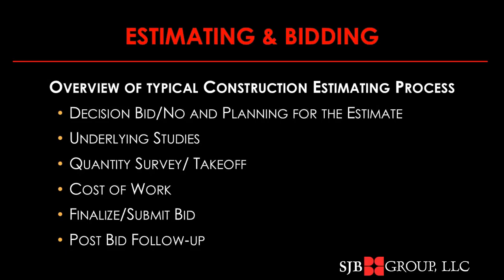And we talked about how we pull together the direct and the indirect costs and finalize those unit prices into our bid and prepare and finalize the bid for submittal. And we've also talked about what to do with the bid after the fact.